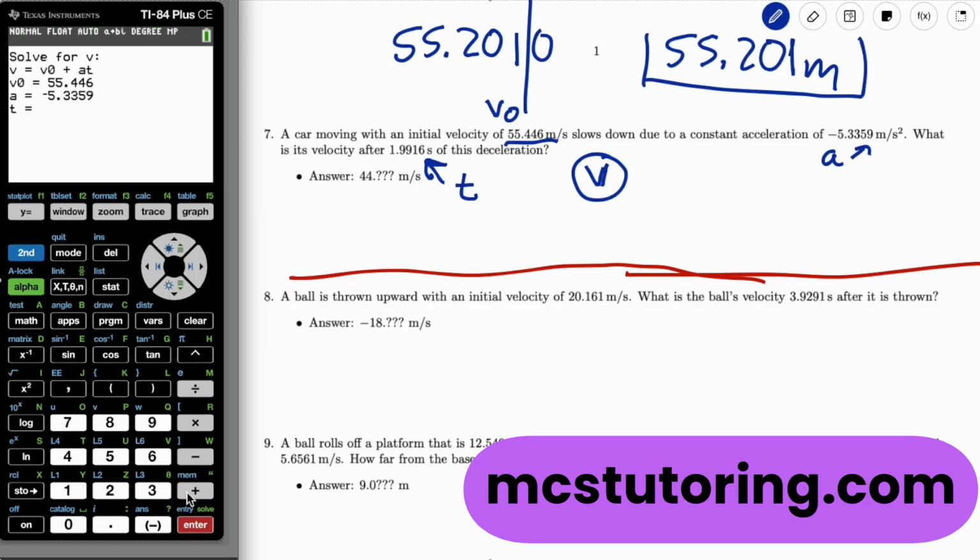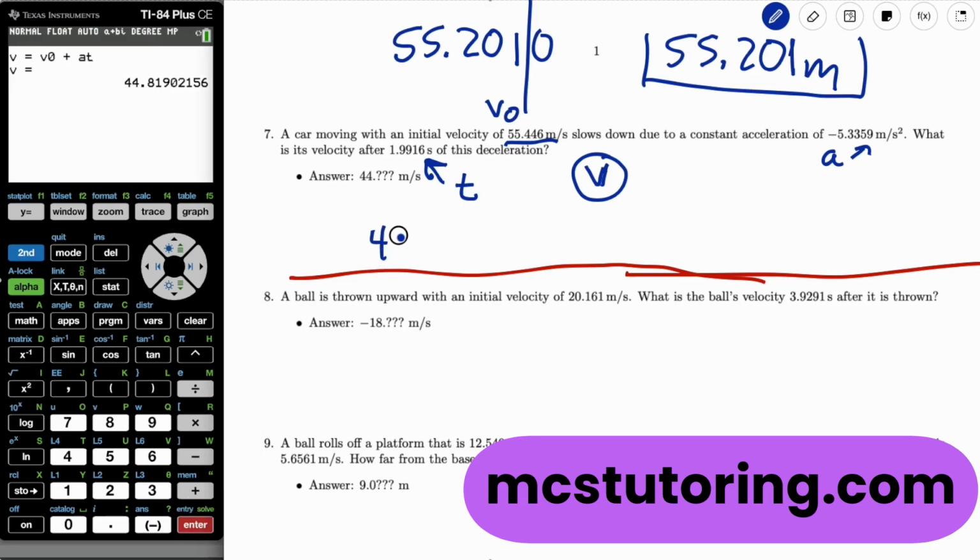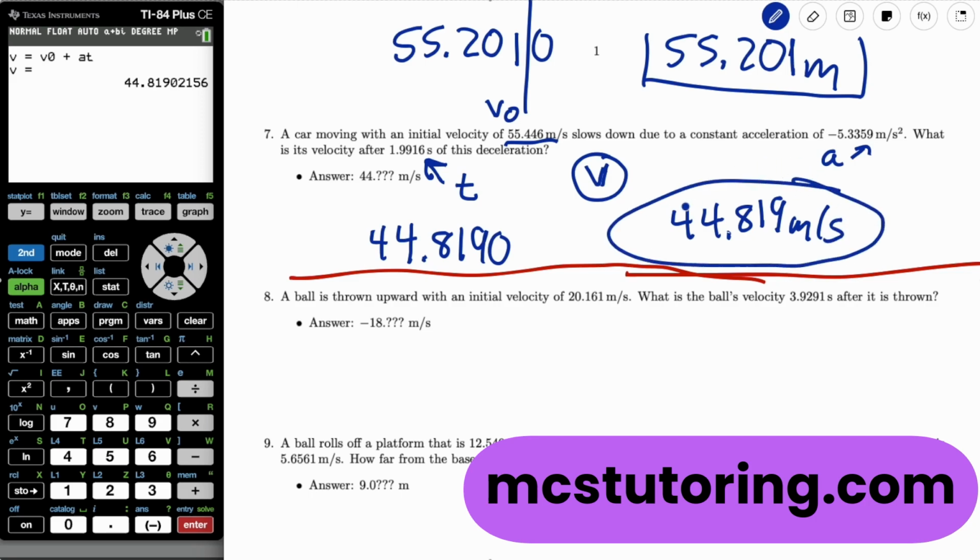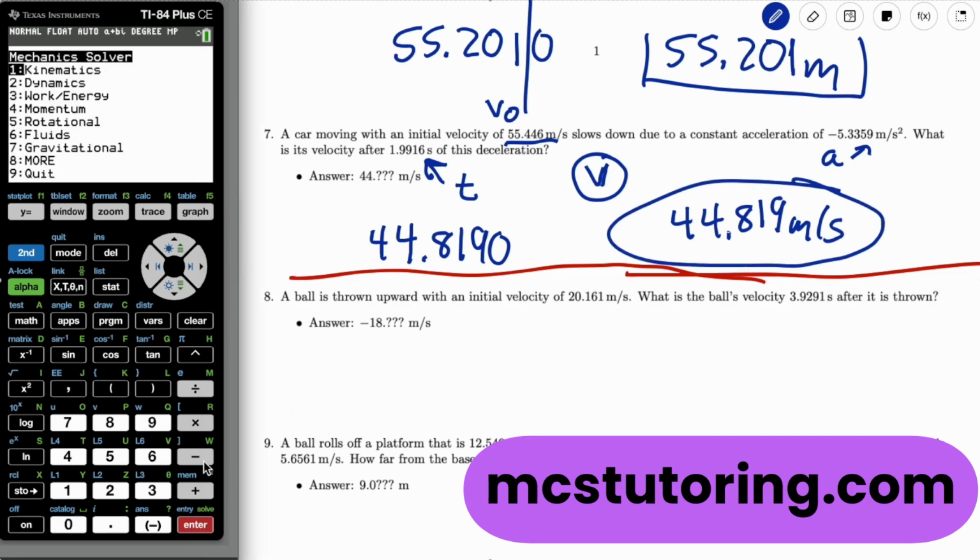And then the time is 1.9916. There we go. And it looks like it wants 3 numbers out the decimal place. So 44.819 meters per second.